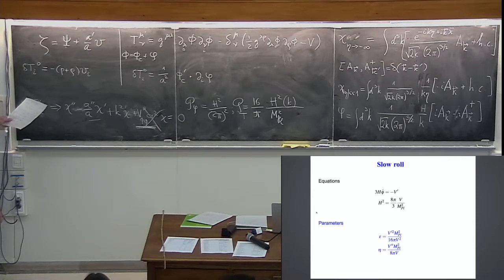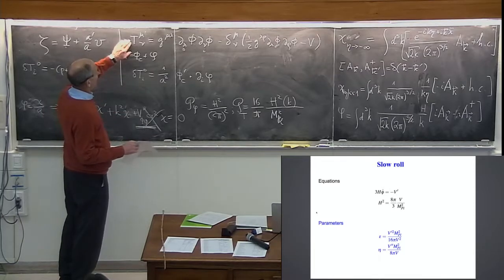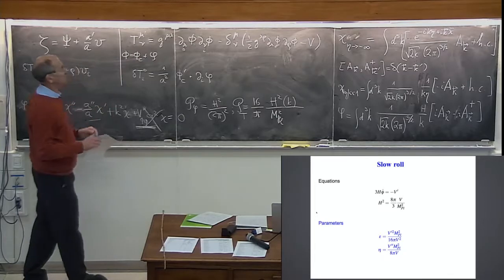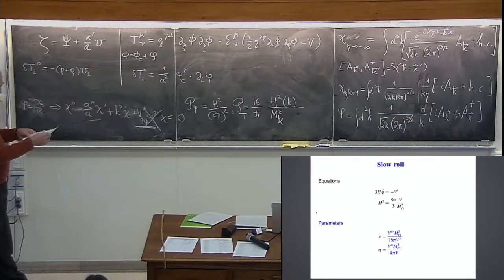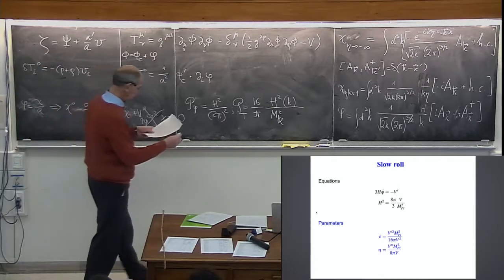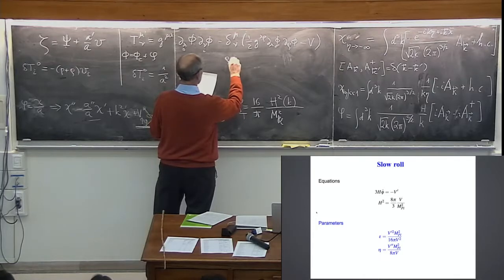And then, what is P plus rho? I should calculate as well the 0, 0 and spatial components of this energy momentum tensor, but only to the leading order.